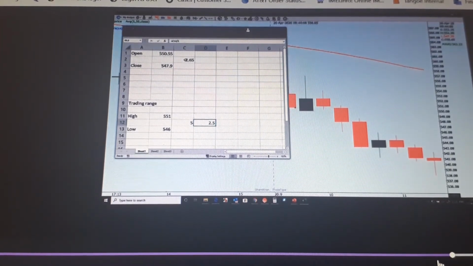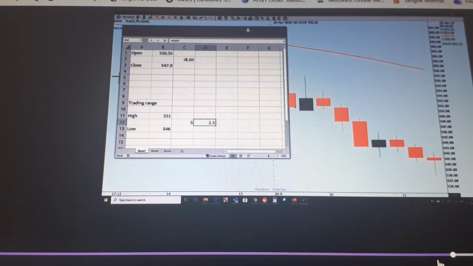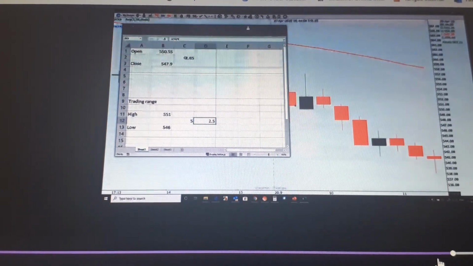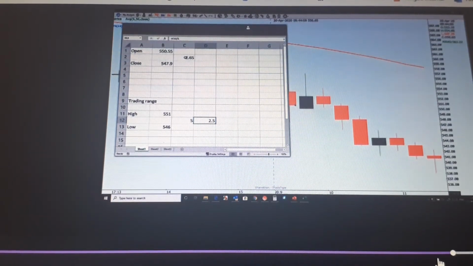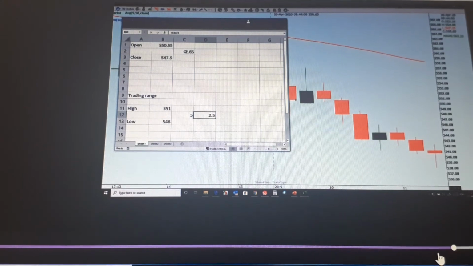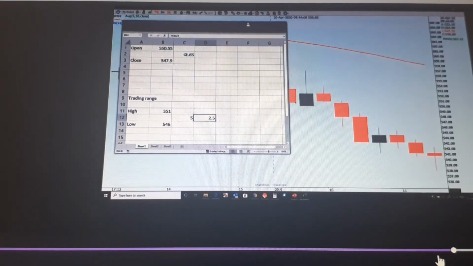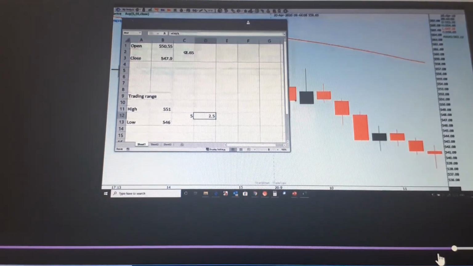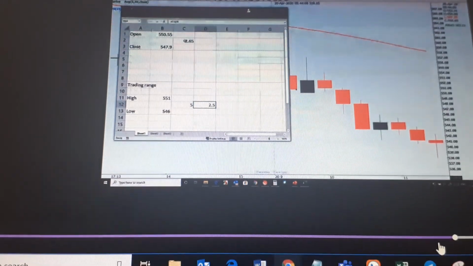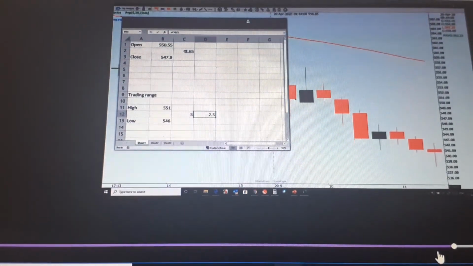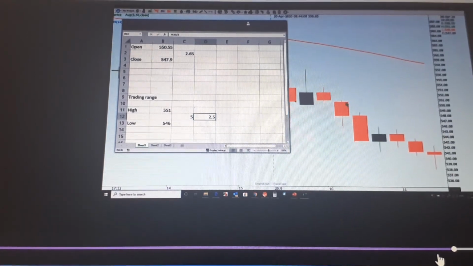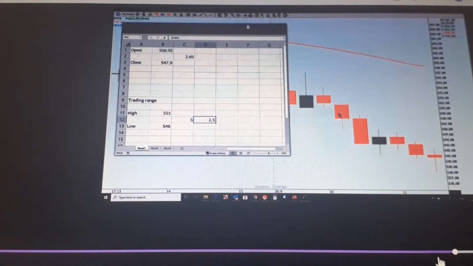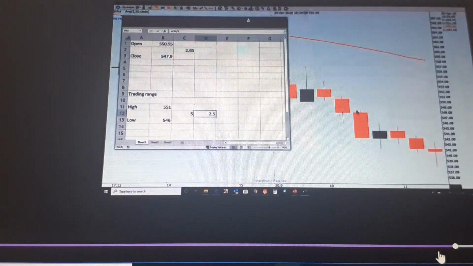Come on, this is very basic math, guys. Is 2.65 greater than 2.5? If the body is greater, what will this candle be called? The body is greater than 50% of the range. When the body is greater than 50% of the range, it's called a leg candle. So this is your leg candle, if you want to be specific.